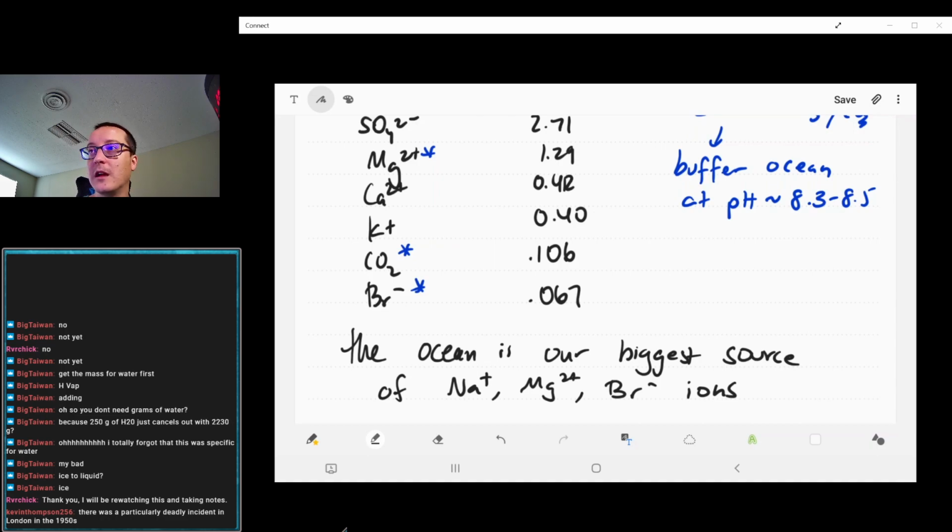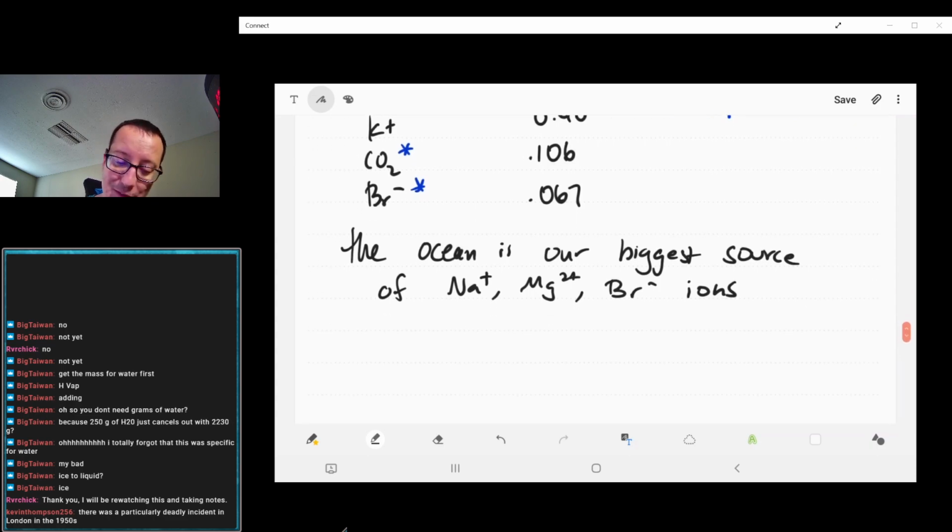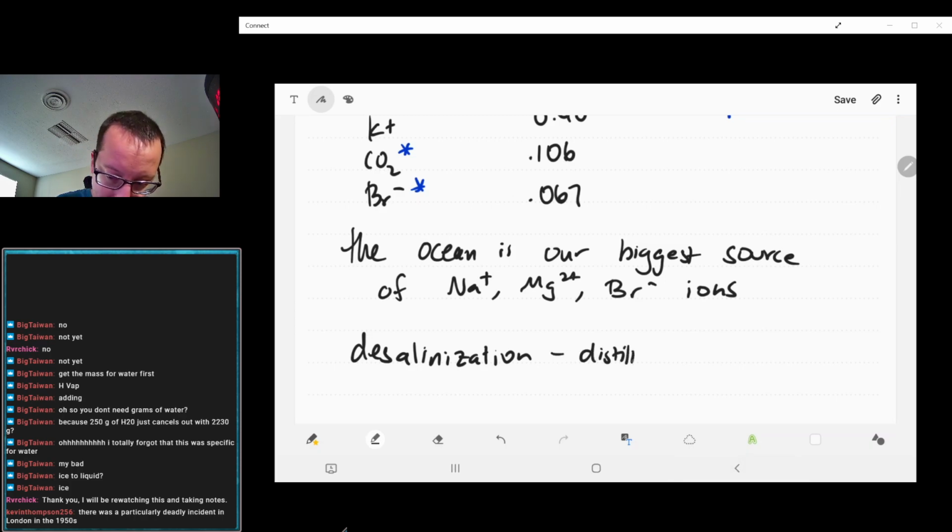So we get a lot of this through a process called desalinization, which will be basically either distilling or reverse osmosis to separate the water from these ions.